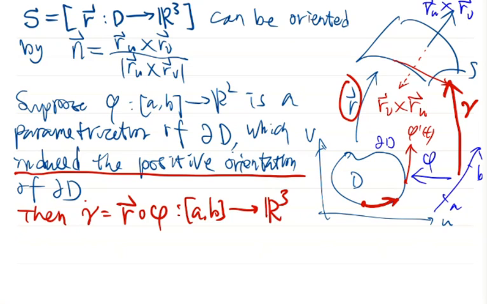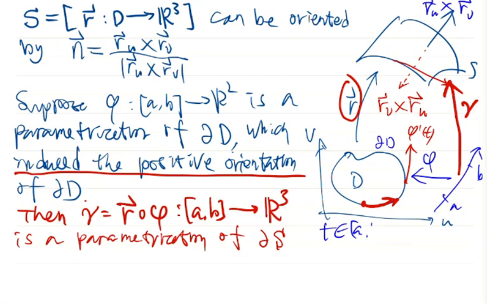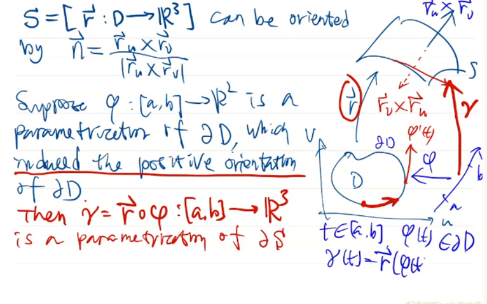This is a parametrization of the boundary of S. Because for t in [a,b], phi(t) is in the boundary of D, then gamma(t), that is R(phi(t)), is in the boundary of S. So the image of this map is the boundary of S. Actually, it is the parametrization of the boundary curve of our surface, which is the boundary.